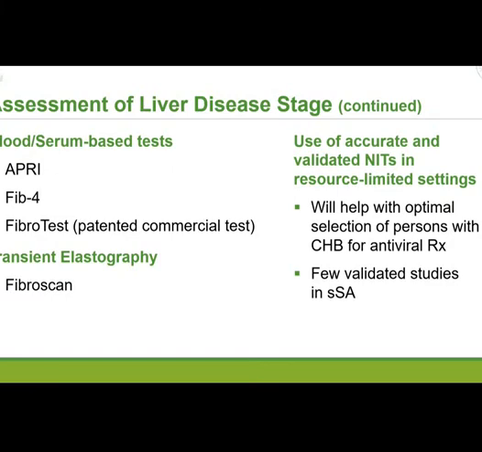So people thought about blood or serum based tests such as APRI, FIB4, FibroTest, transient elastography, FibroScan. The use of accurate and validated non-invasive tests in the resource-limited settings will help with optimal selection of person with chronic hepatitis for antiviral therapy, but there are very few validated studies from the sub-Saharan Africa.